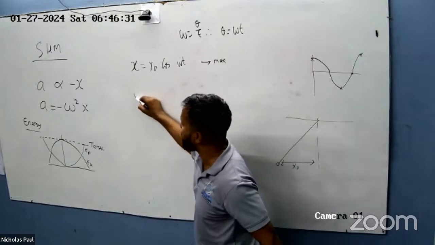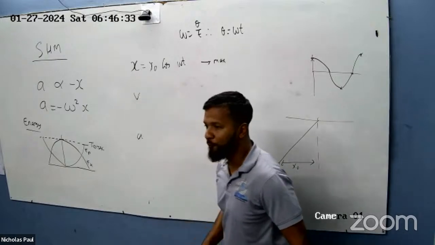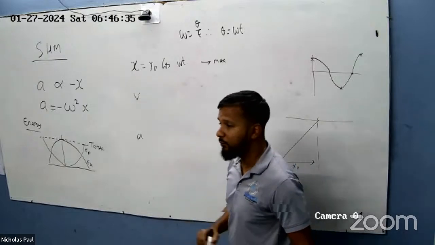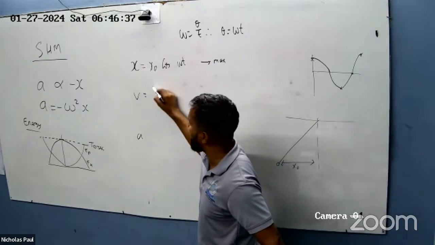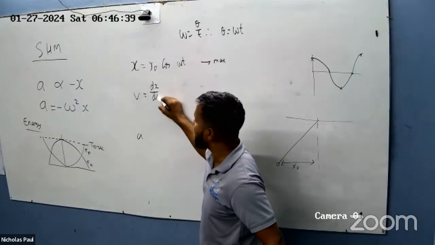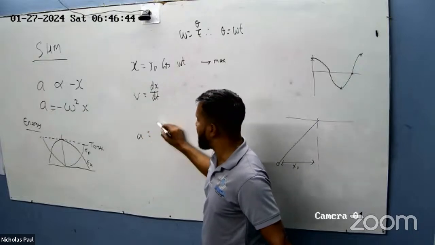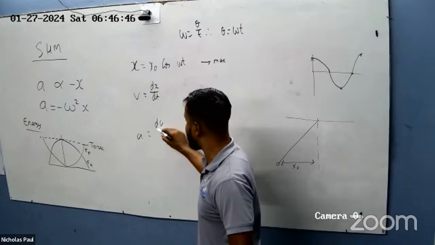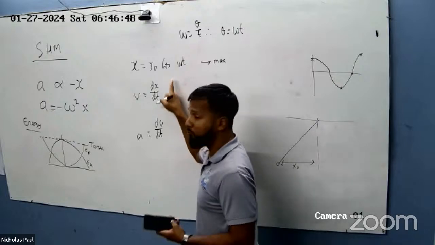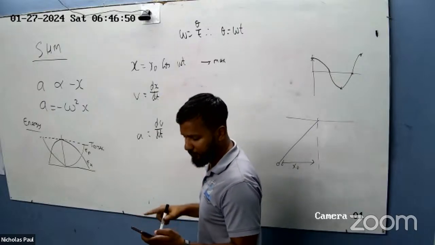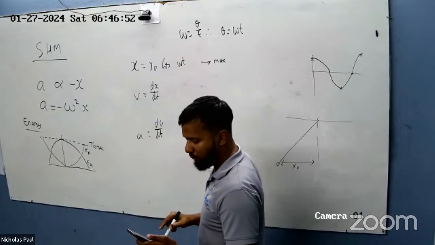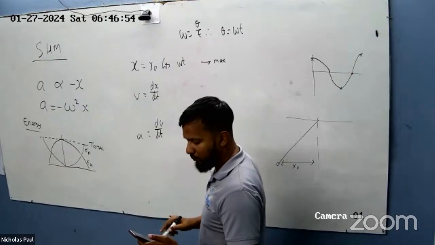Anybody remember how to go to velocity and acceleration? Differentiate, right? So the differential of x is velocity, and the differential of velocity is acceleration. What's the differential of this?